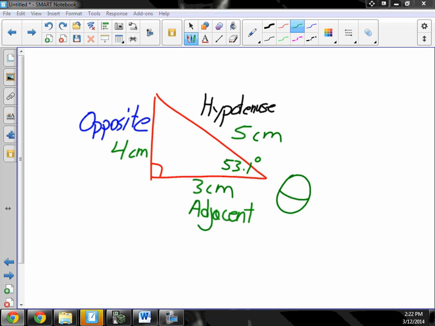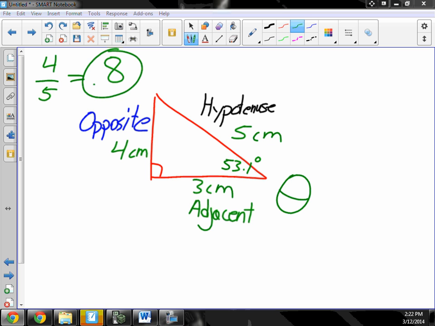Measure them, and then if I wanted to know how long is the opposite side in relation to the length of the hypotenuse, you just divide them. So 4 divided by 5, which is 0.8.